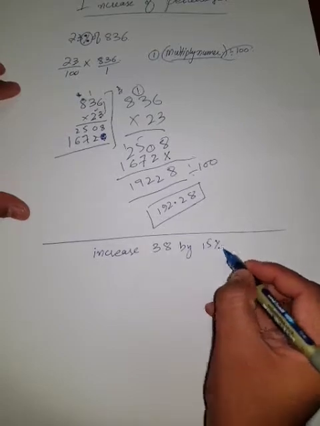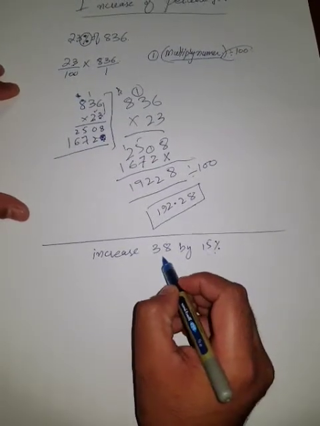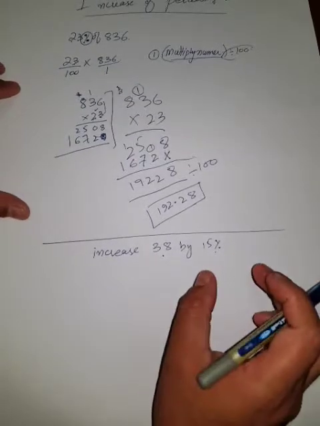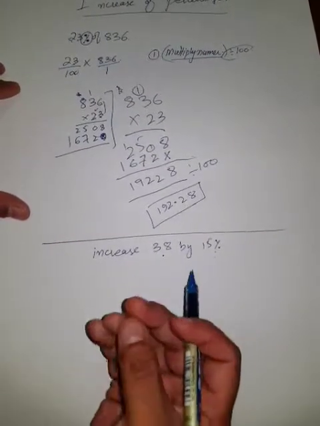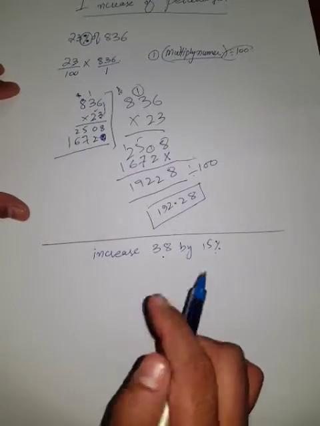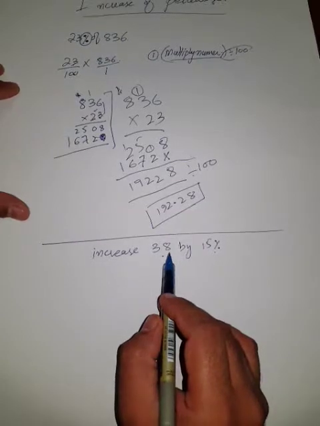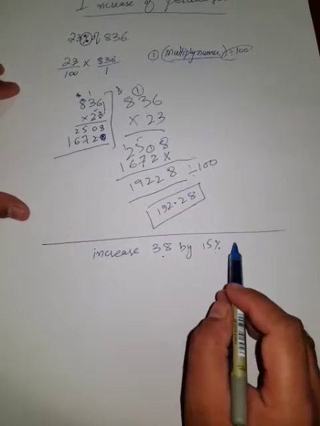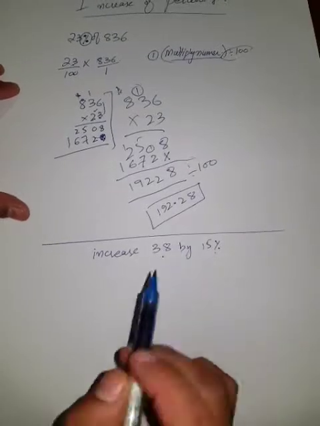Now, this means that I have to find 15% of 38, and then I have to add that 15% to 38 to increase it. Again, I have to find 15% of 38. When I find the answer of 15%, I will add that value to 38.